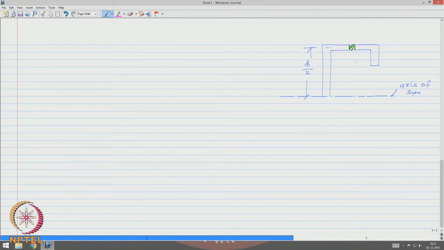which is at a distance x from here and thickness dx, and we know that this thickness is t, and we also know that this dimension is B 1.